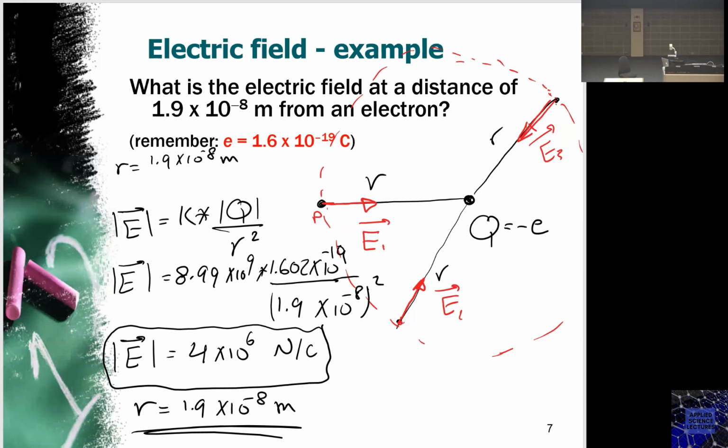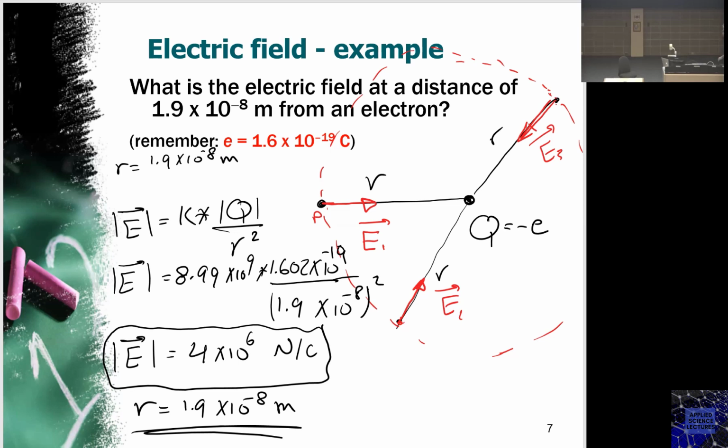If I replace this one electron with one proton, an equivalent to a charge of one proton, then I would be getting also 4 times 10 to the power 6 newtons per coulomb, because the magnitude is not going to distinguish between positively charged particle or negatively charged particle with the same magnitude. Does this answer your question? Okay.